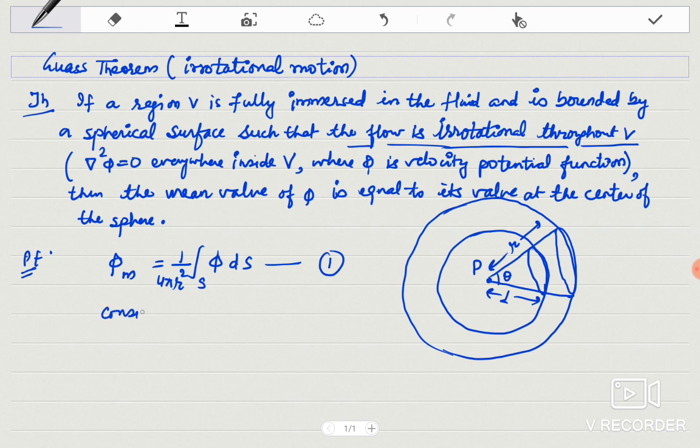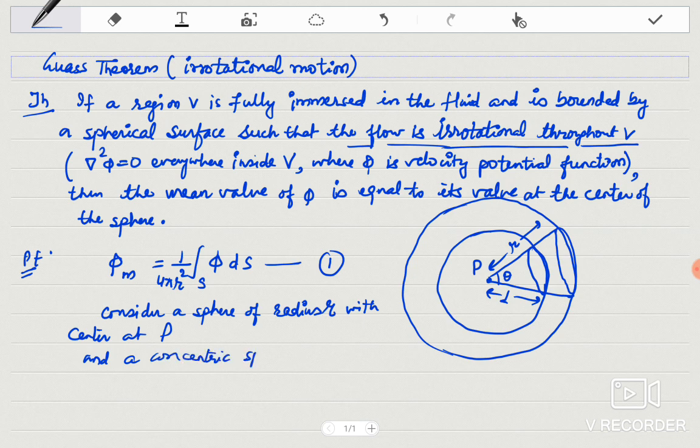Then you consider a sphere of radius r with center at P and a concentric sphere of unit radius with the same center P. Concentric means the same unit sphere with center at P. Now cut a conical section.